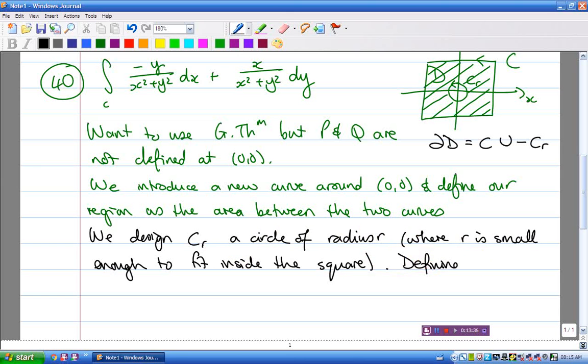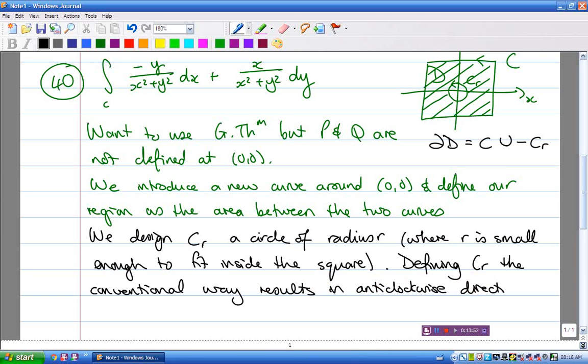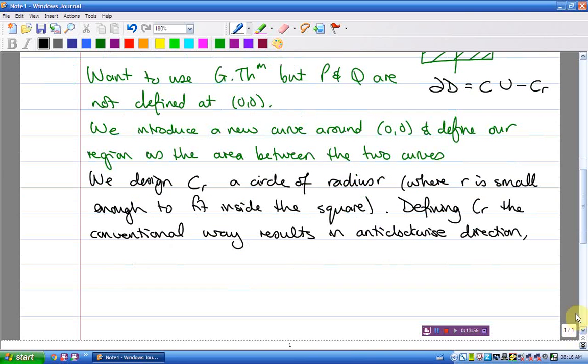Defining C_r the conventional way results in an anti-clockwise parametrization, or an anti-clockwise direction. So the positively oriented boundary of D is our original C that we were given, union with minus C_r.